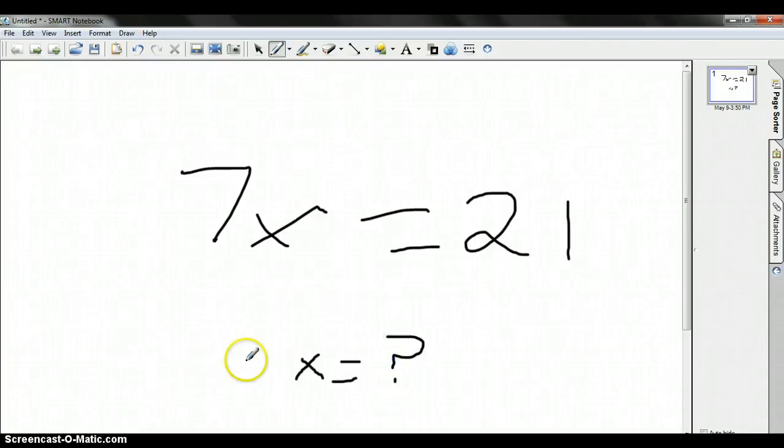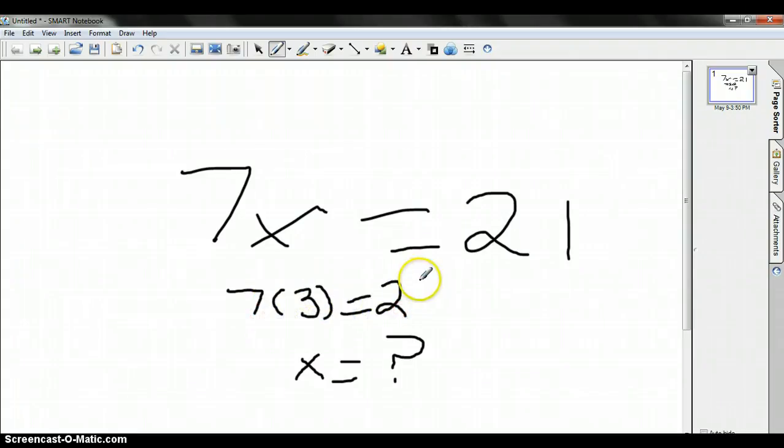And because we know our times tables so well, we know that 7 times 3 equals 21. And that's basically what we're starting with.